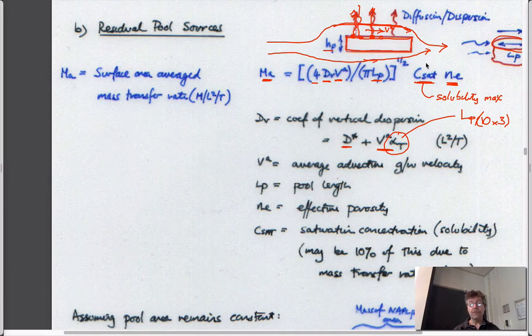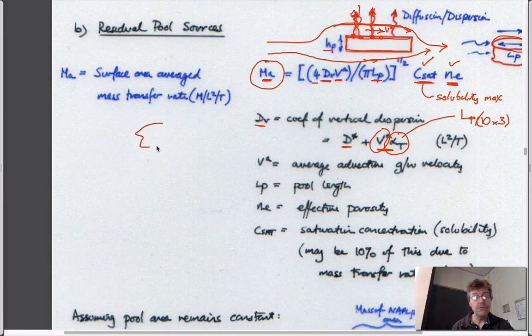And so if we have all of these, the solubility of the material, the porosity, the geometry of the pool, how quickly water is flowing by it, to be able to get the dispersion coefficient derived from this, we have everything we need to calculate how quickly we remove it per unit area. The units of this are mass per length squared per time.